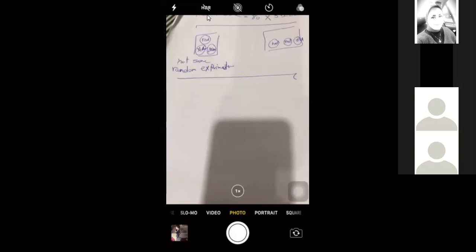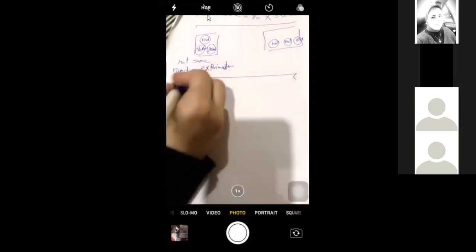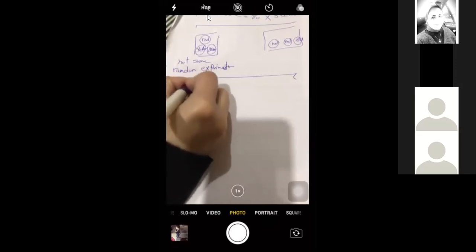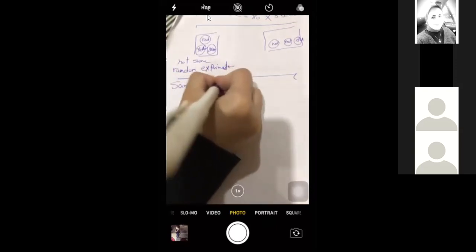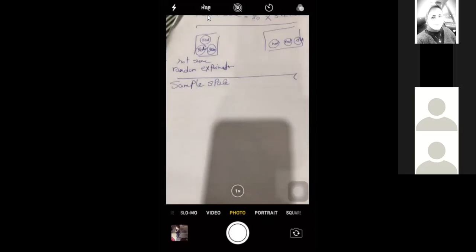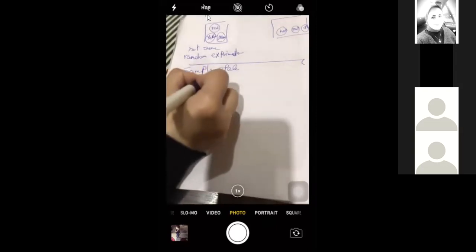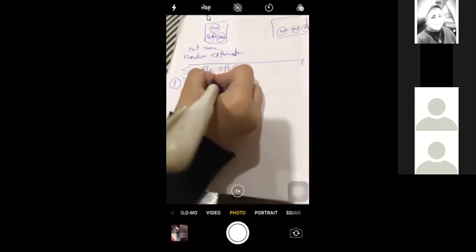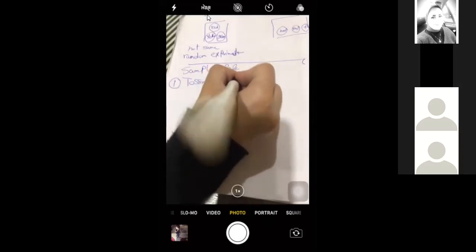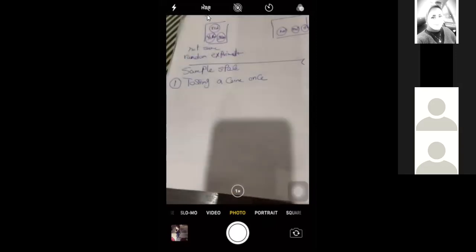He said to write the sample space, something called the sample space, of the following. Tossing a coin once. When I toss the coin once, maybe I get tail or head.